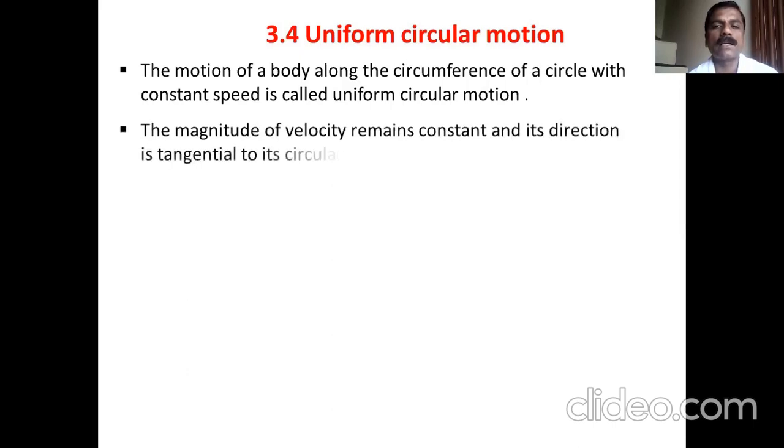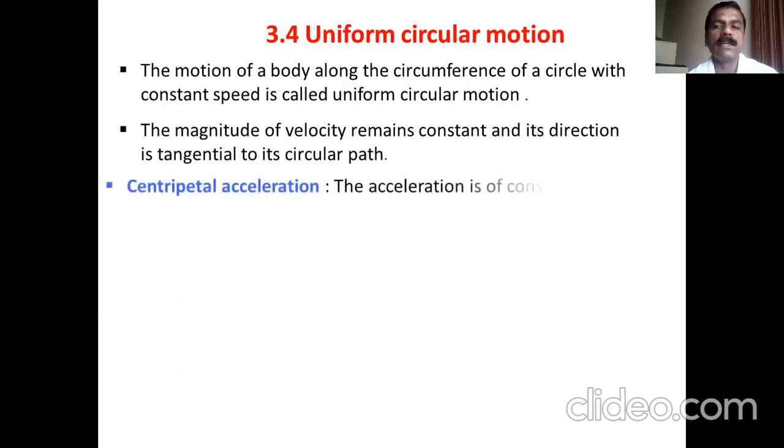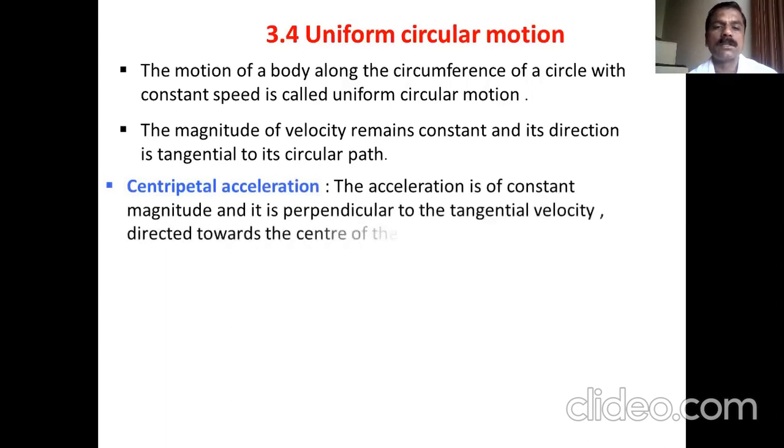Now, as the particle is moving along the circumference of the circle, the direction of the velocity is tangential to the path, but the magnitude of the velocity remains constant. As we know, the object is moving in a circular fashion, so centripetal acceleration is required.